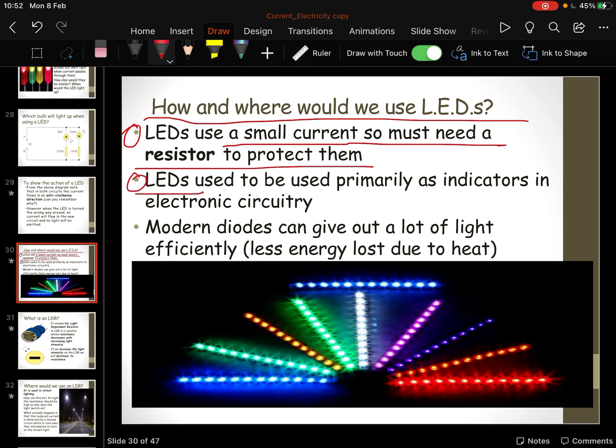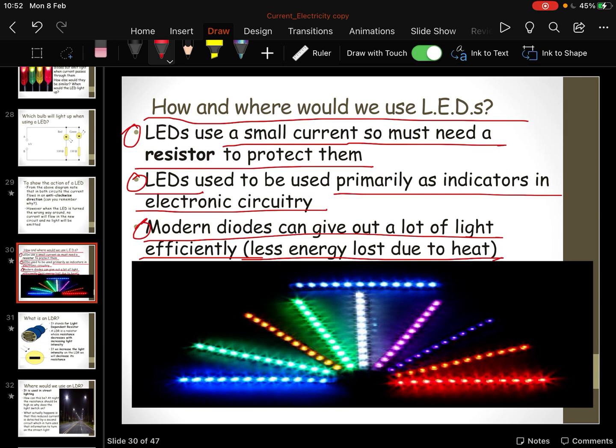Now, LEDs are primarily used as indicators in electronic circuitry, and modern diodes can give out a lot of light efficiently, with less energy lost due to heat. So a lot of LEDs now are very, very efficient. That's why a lot of modern bulbs are moving away from CFL bulbs and going to diode bulbs.